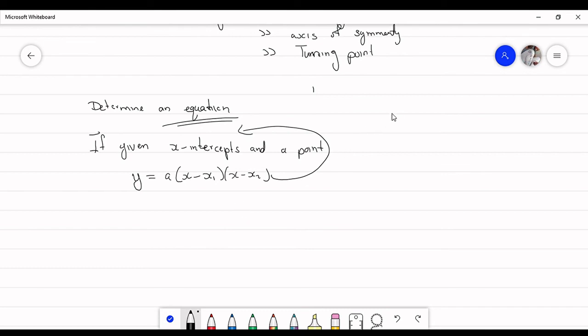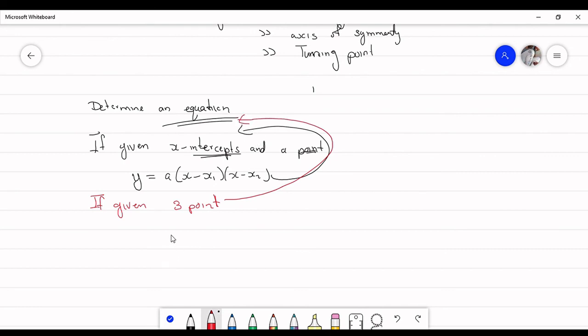So if you are not given x-intercepts and 1 point, but let's say now you are given 3 points, any points on the graph, then they say find the equation.